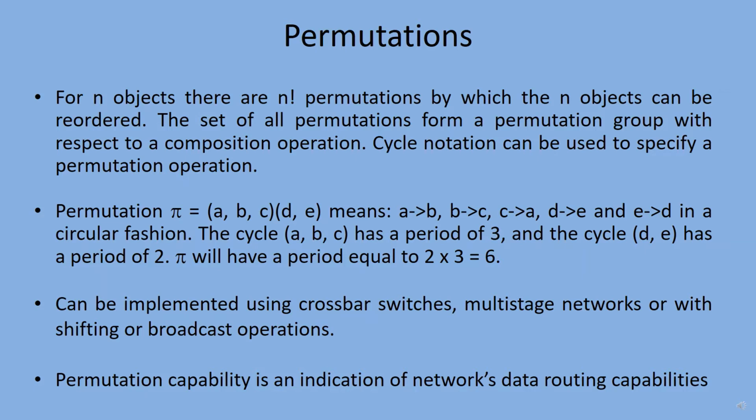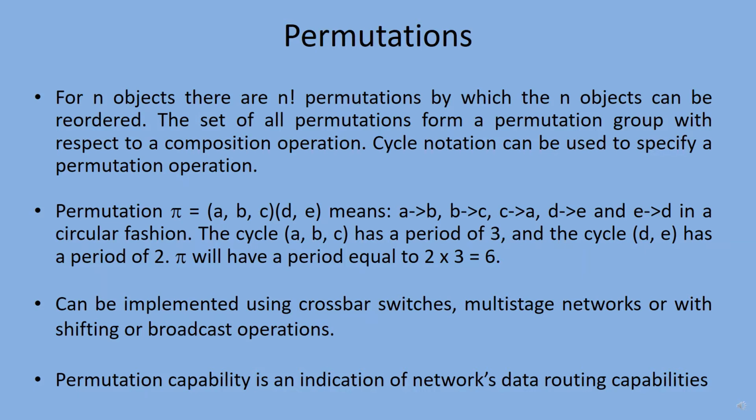There is another cycle which includes d and e, with d to e and e to d in a circular fashion. The cycle (a, b, c) has a period of 3 and the cycle (d, e) has a period of 2.